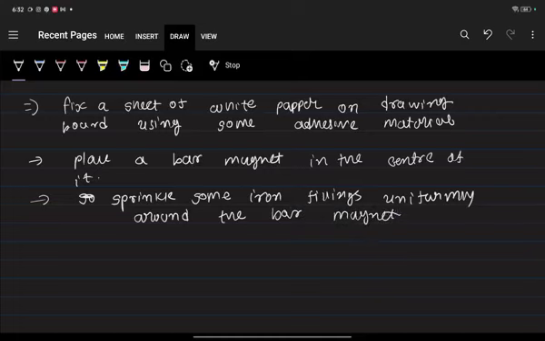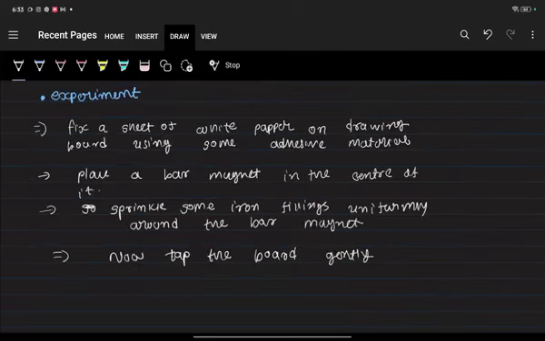Now tap the board gently. This is the famous experiment.